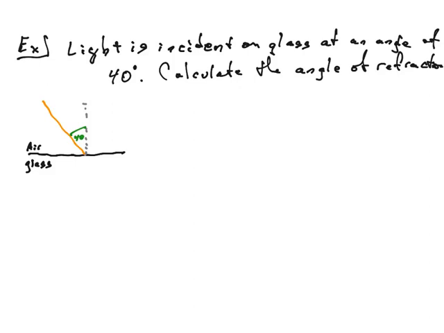Now it could either bend outwards, away from the normal, or inwards, towards the normal. How do you know which way it will bend? Well, first, you don't have to assume. You can have no idea and just do the math to get the answer. But because I'm about to draw a picture, and I want the picture to look kind of right, we can use logic, our intuition about this problem, and say, well, if we're going from air to glass, we're going from something rarefied or thin, air, to something more dense, glass.